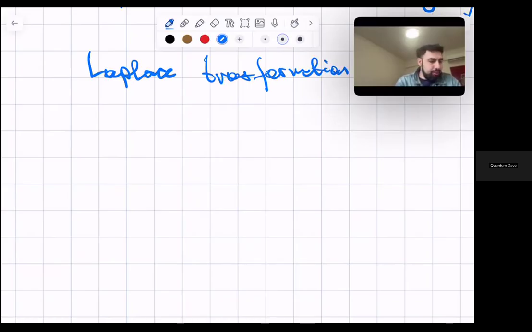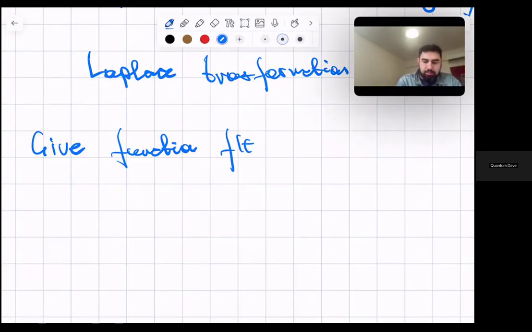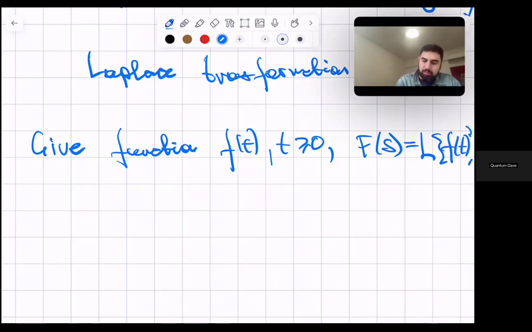So the definition will be that, given a function f(t) such that t is positive, its Laplace transform, the function in Laplace space, is given by F(s), and the Laplace transform of this function is denoted like this.